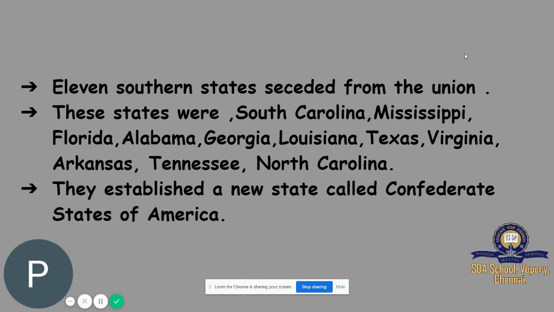They established a new state called the Confederate States of America, and they also elected a new president for it.